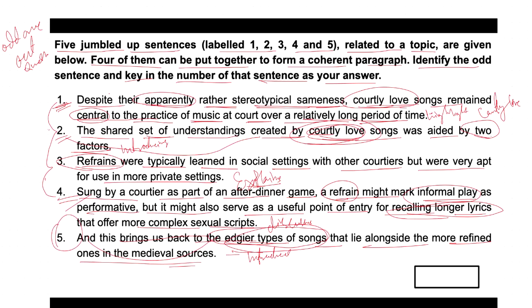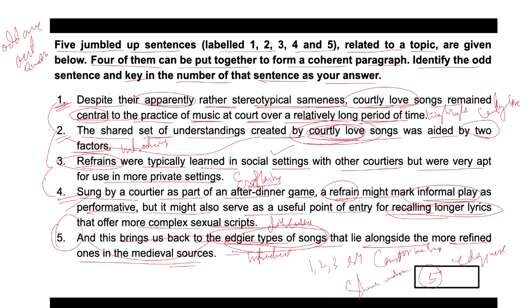So sentences 1, 2, 3, and 4 focus on the role and uses of courtly love songs in medieval society, their social and private application, and how they contribute to shared understanding. Whereas sentence 5 becomes the odd one that shifts focus toward a different type of song, known as edgier ones, that are not directly related to the main discussion about courtly love songs and their roles.